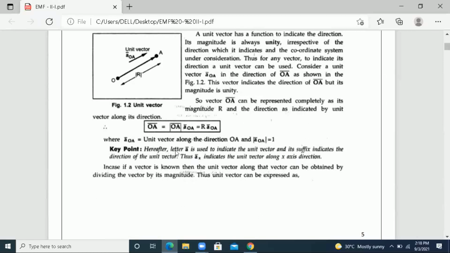We represent the unit vector OA by little a with the vector sign over it. So this is the unit vector.